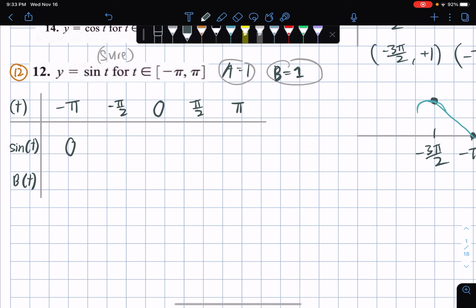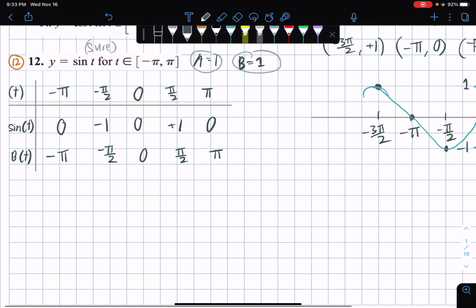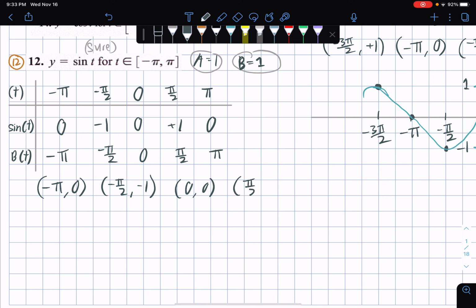We get 0, negative 1, 0, positive 1, and 0. And for bt, because b is still 1, we have negative pi, negative pi over 2, 0, positive pi over 2, and positive pi. So let's tally the results. Negative pi and 0, negative pi over 2 and negative 1, 0, 0, pi over 2 and positive 1, pi and 0.